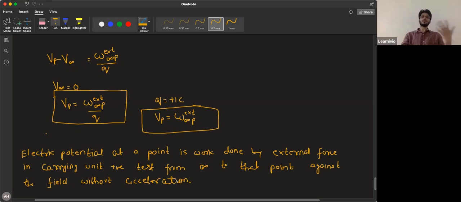So this is the definition of potential at a point. Work done in carrying a unit positive test charge from infinity to a particular point against the field without acceleration is the potential at that point. So this is the definition of potential.